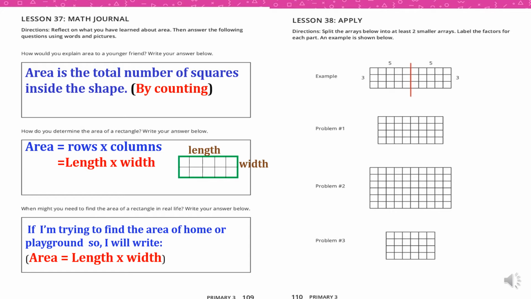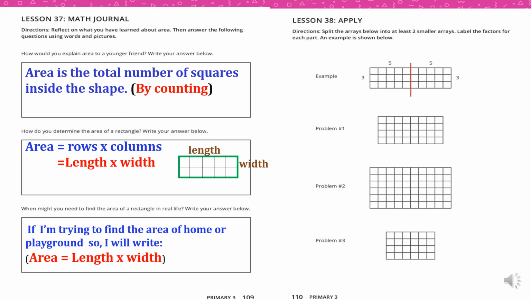Cut it means split. Cut it into 2 smaller arrays. So here, as an example, we have 3 rows and we have 10 columns. The total columns we have are 10. We can divide them or split them into 2 smaller arrays.